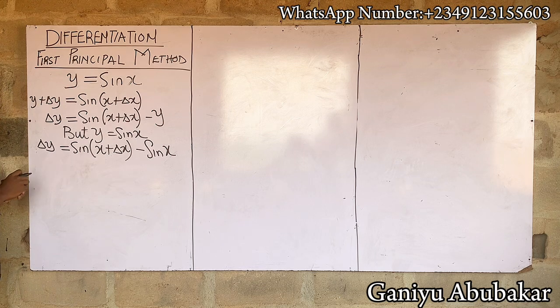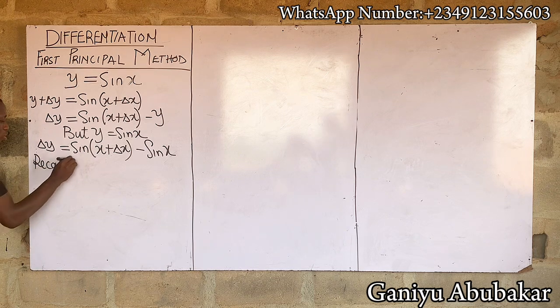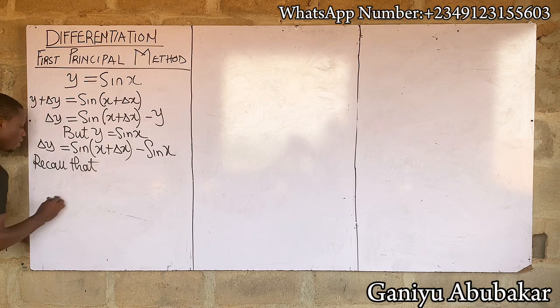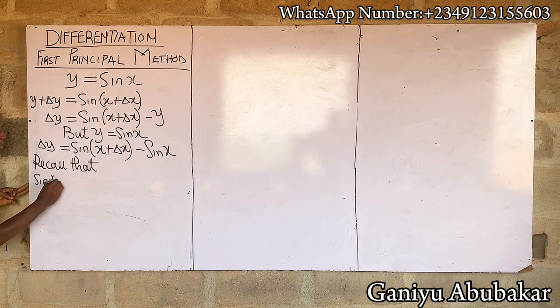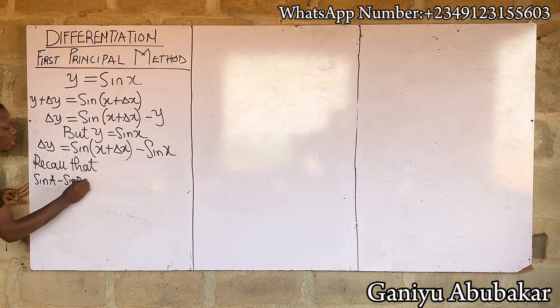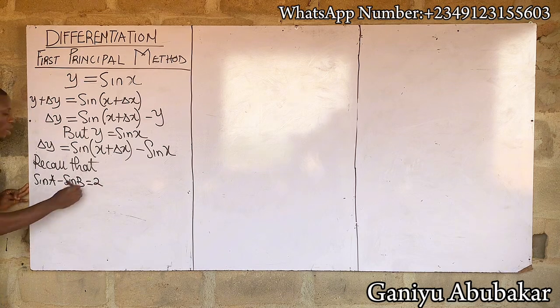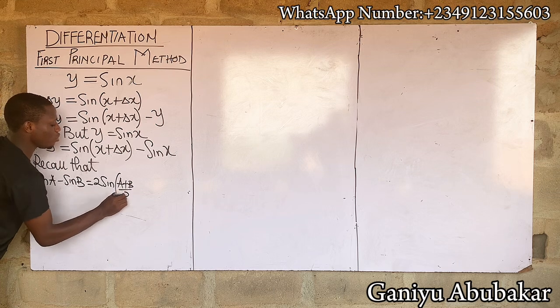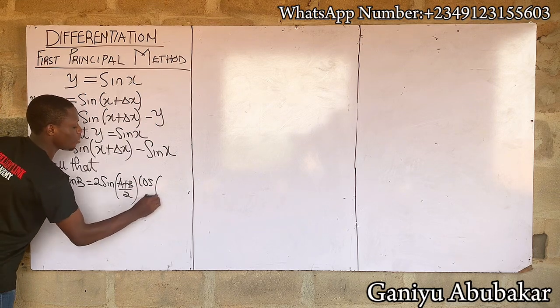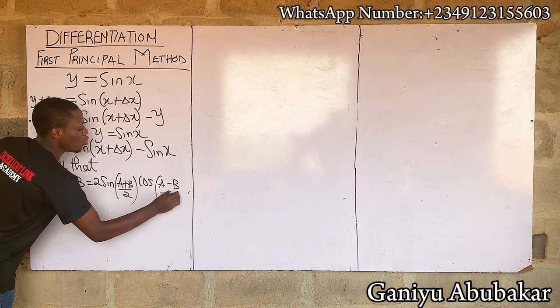At this point now, I'll recall a popular trig function identity that says that if I have sine A minus sine B, this is equal to 2 cos of A plus B over 2 times sine of A minus B over 2.